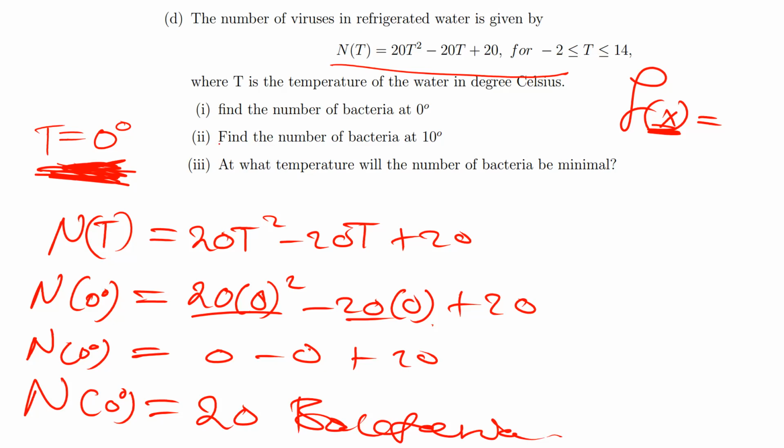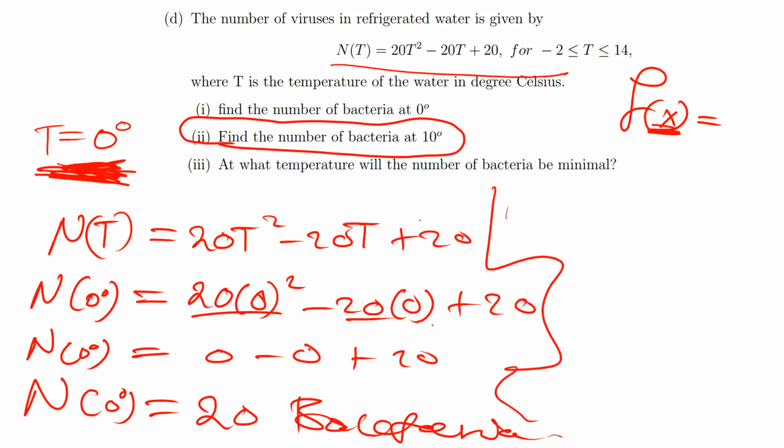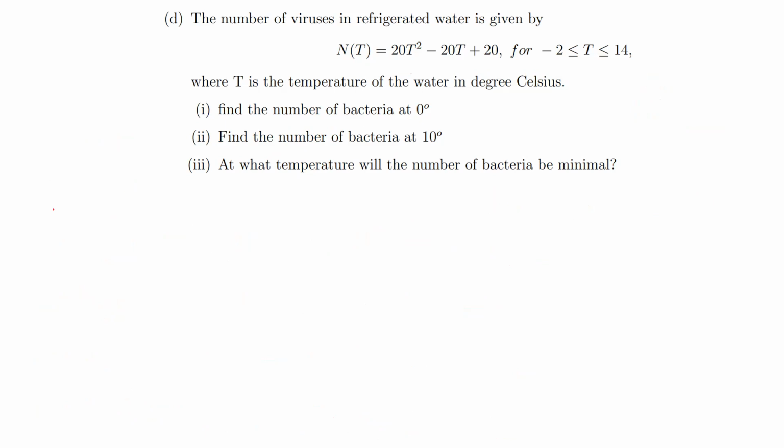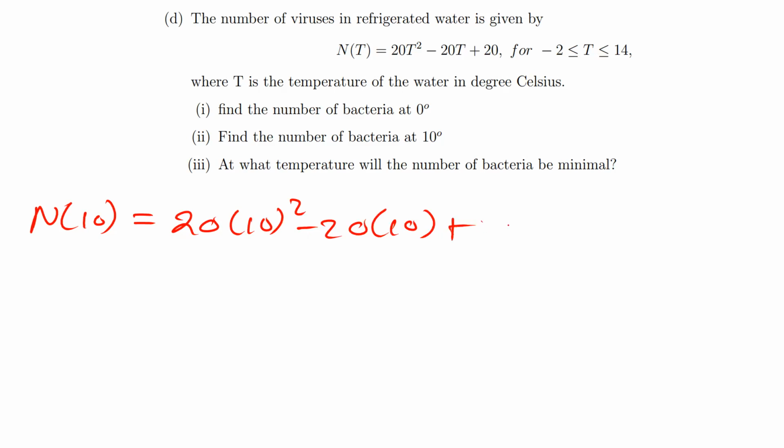The same applies to the second question. It's also simple and straightforward. Here they are asking for the number of bacteria at 10 degrees, meaning we replace T with 10. So N of 10 is equal to 20 times 10 squared, minus 20 times 10, plus 20.